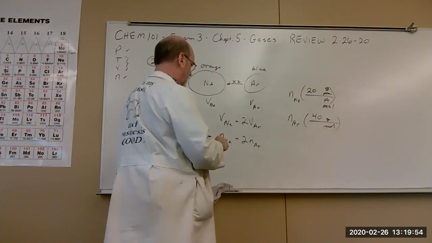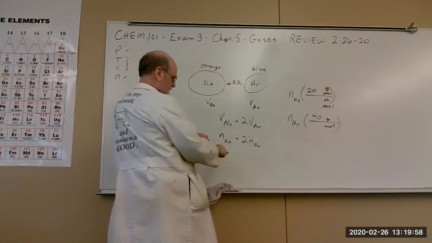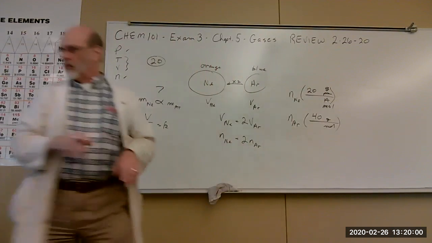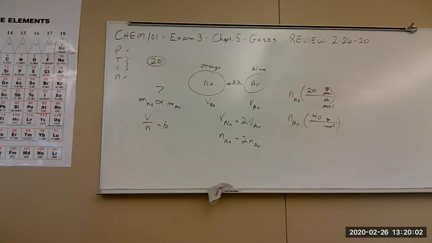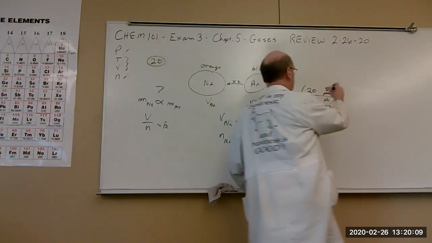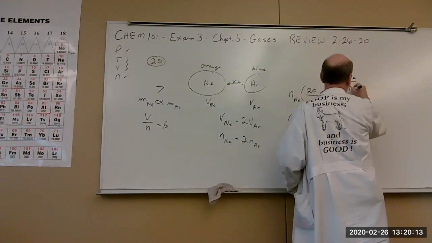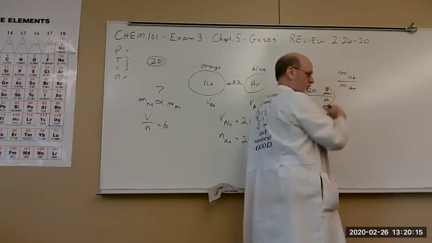So if we ratio these, the question says the ratio of neon to argon. So we want to know the mass of neon to the mass of argon. That's the order.